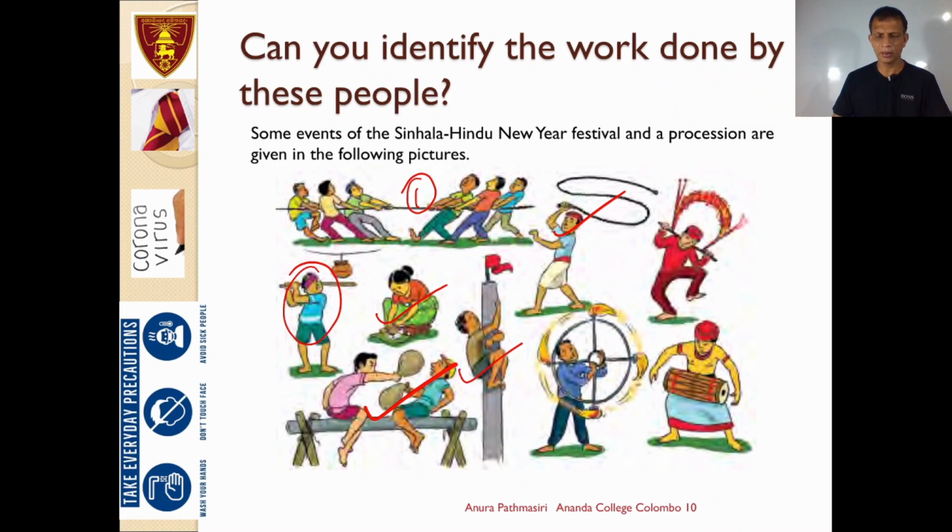This boy is climbing up a post to pick a flag. The grease is applied so that the boy does not find it easy to climb up the post, and here the fire dancers, drum beaters and other dancers all do a lot of work with lots of energy. So energy is required for us to do certain work.